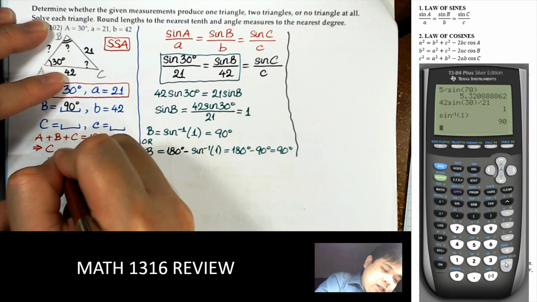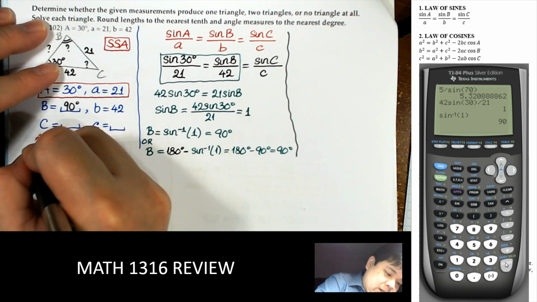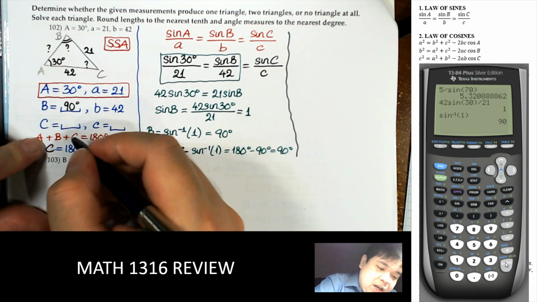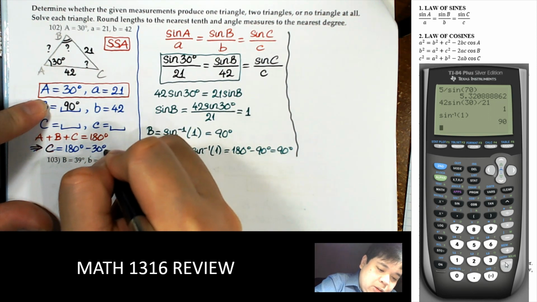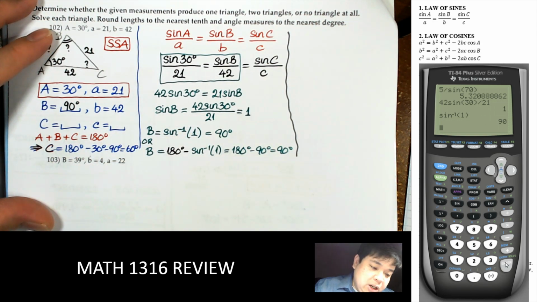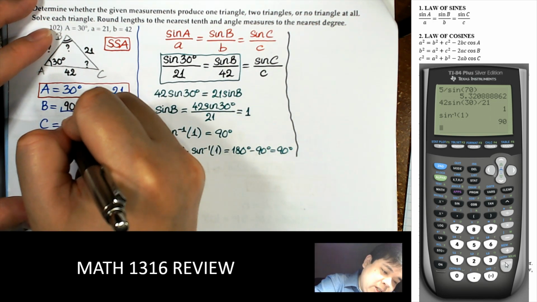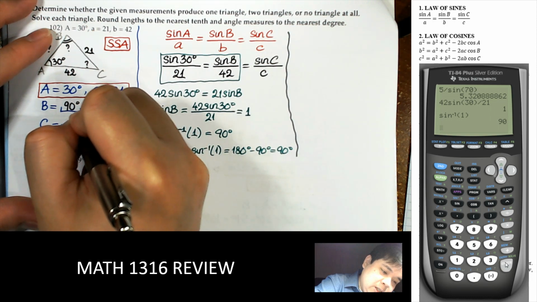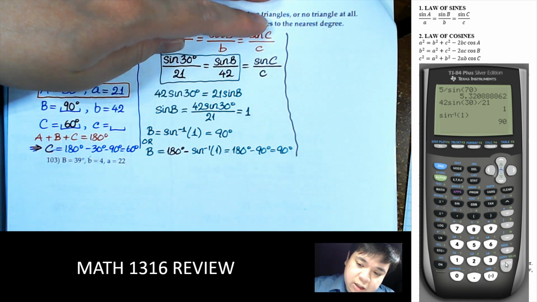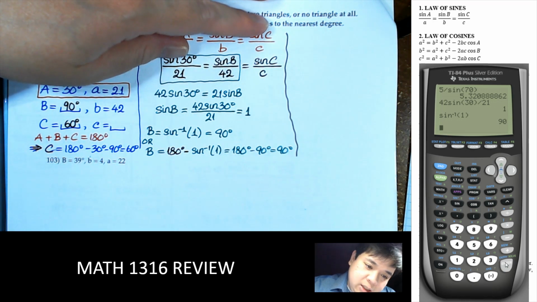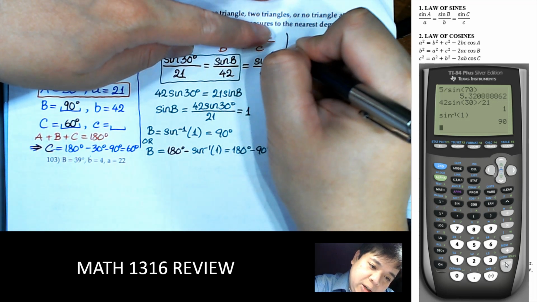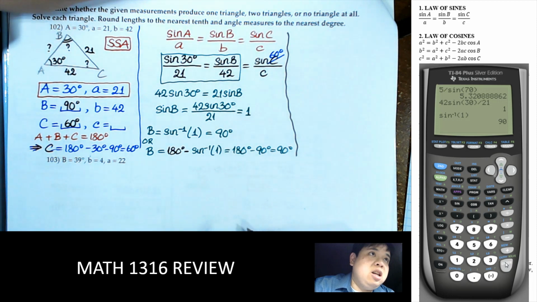So C is 180 minus A minus B, which is 180 minus 30 minus 90, so C is 60 degrees. And then we can put C here. That's 60 degrees.